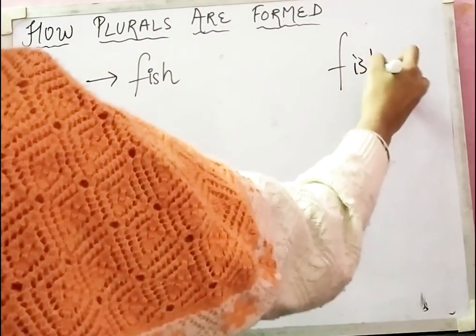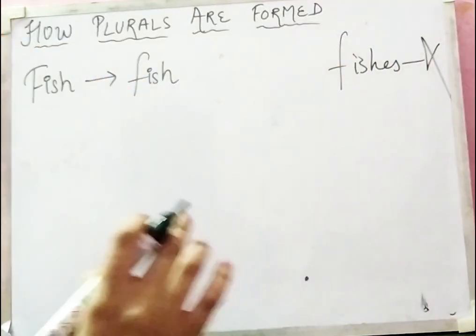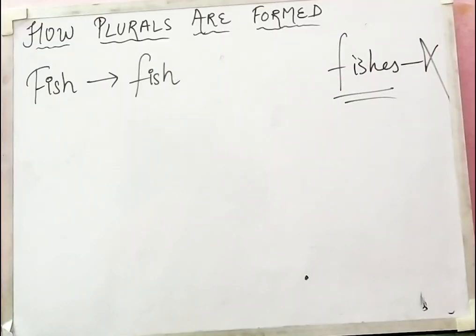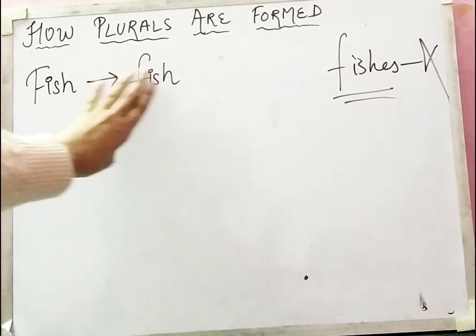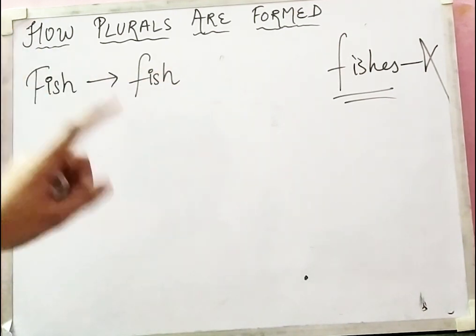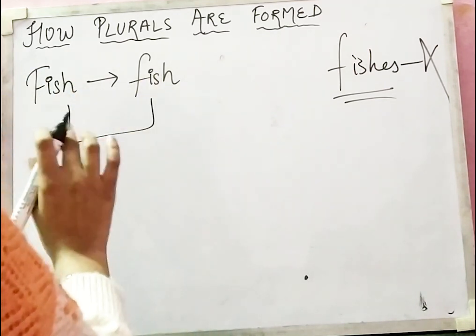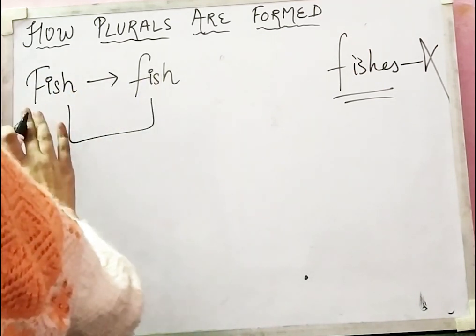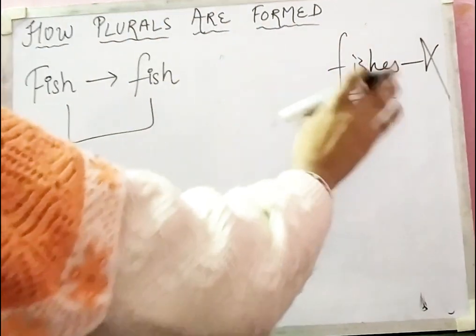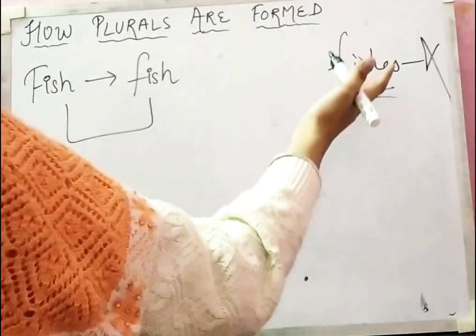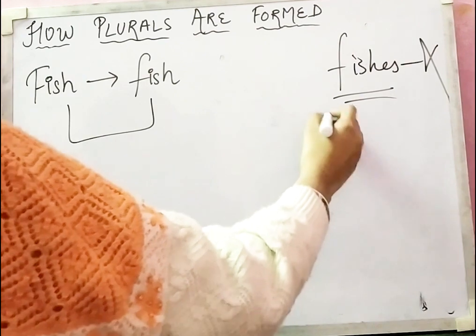Fishes is absolutely wrong. I have cleared your doubt that fish doesn't have any plural name fishes. Fishes can be denoted as kinds of fishes.